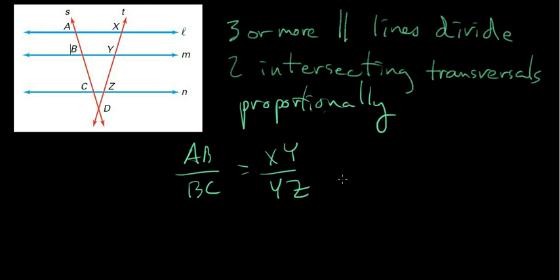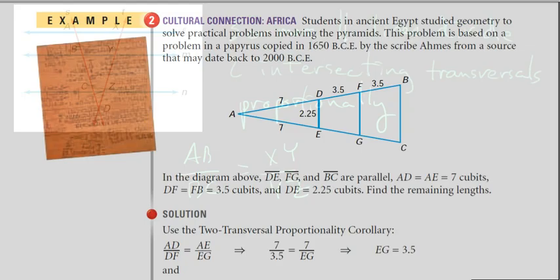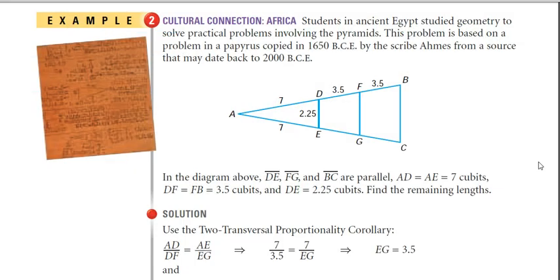So anyway, before we go, I have to show you this from the textbook, because this is pretty cool. Every once in a while, you see something like this: Cultural Connection, Africa. Students in ancient Egypt studied geometry. Boys and girls, this has been going on in this country for a long, long time.